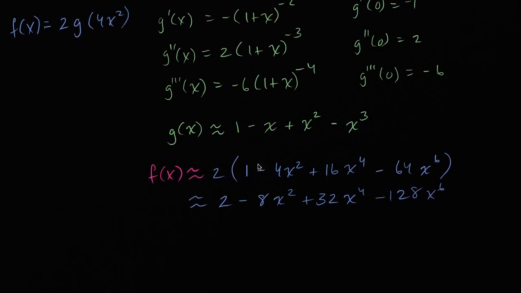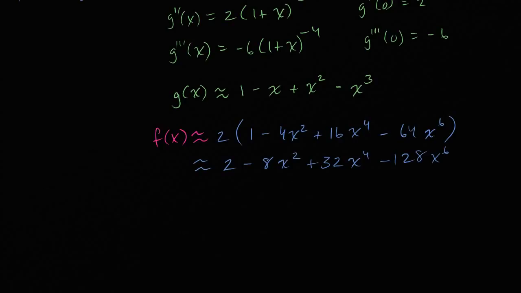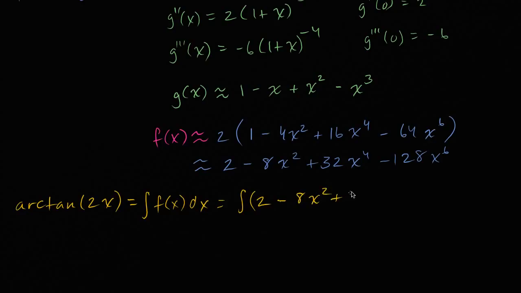So let's write this down. Arctangent of 2x is equal to an antiderivative of f of x dx, which is going to be equal to an antiderivative of all of this business, the antiderivative of 2 minus 8x squared plus 32x to the 4th minus 128x to the 6th.